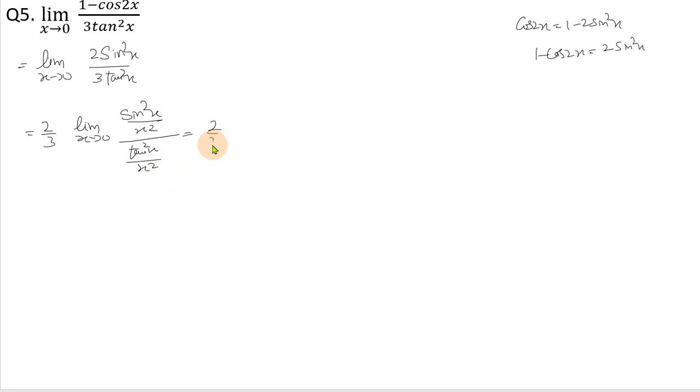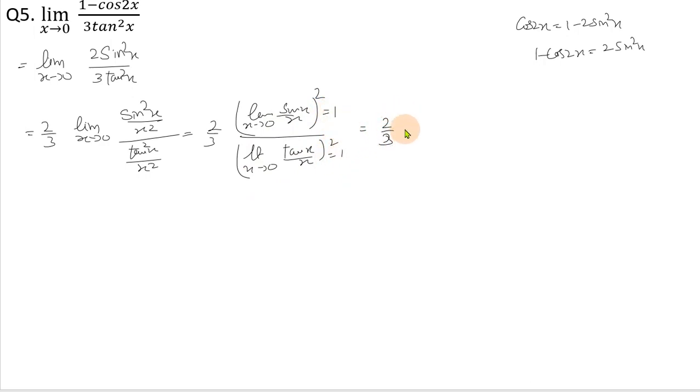So separating the limits, we get limit x approaches 0 sin x upon x whole square, and same in the denominator, limit x approaches 0 tan x upon x whole square. Now both these terms are equal to 1. So what do we get? 2 by 3. And the question is done.